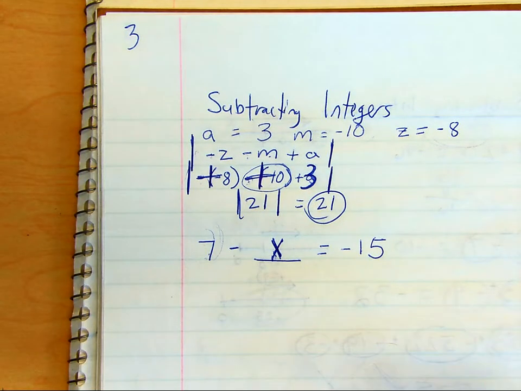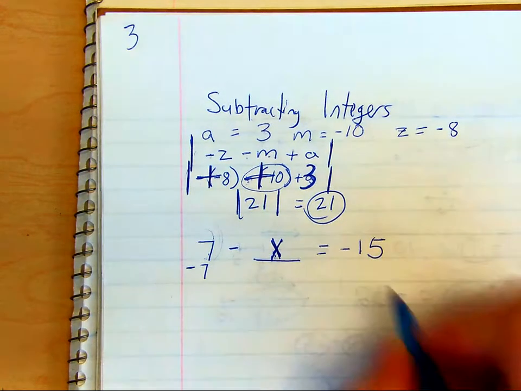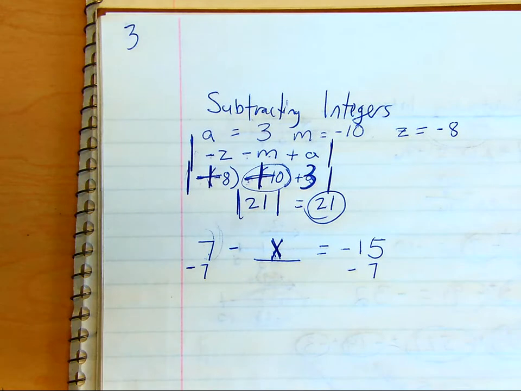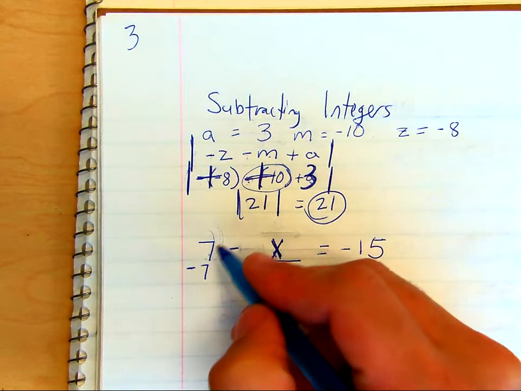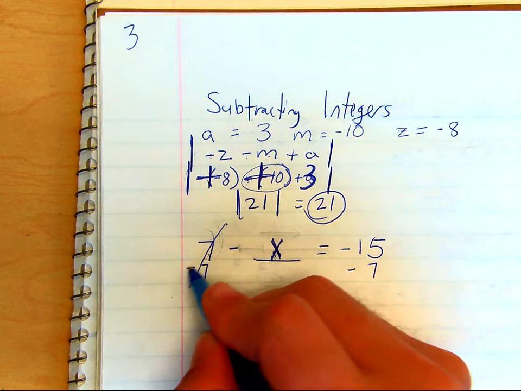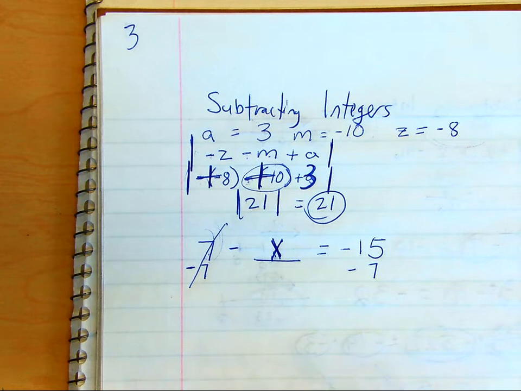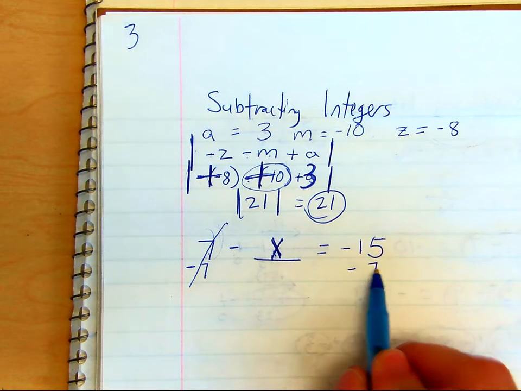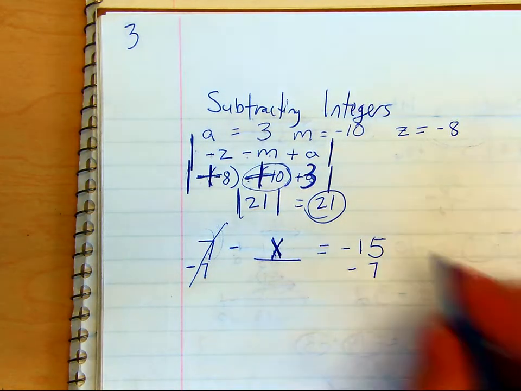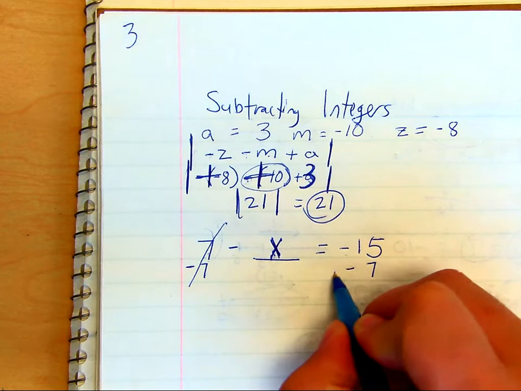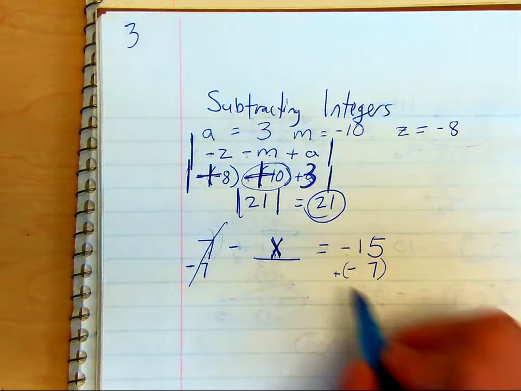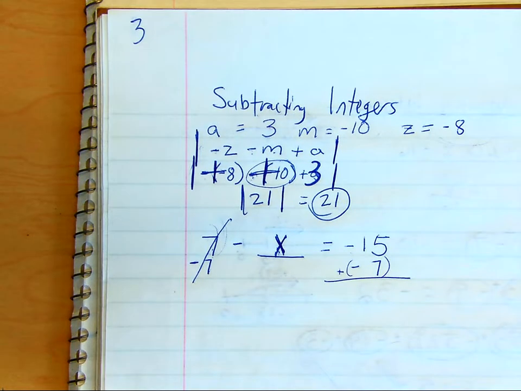Melissa? So I'm going to subtract 7, and I'm going to subtract 7. So that 7 minus 7 is 0. 15 minus 7 would be the same thing as 15 plus a -7. So what's that going to give me?